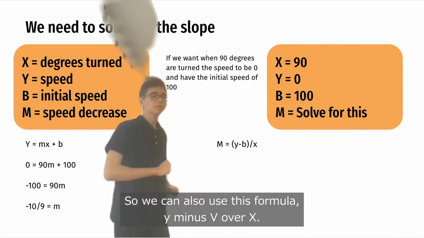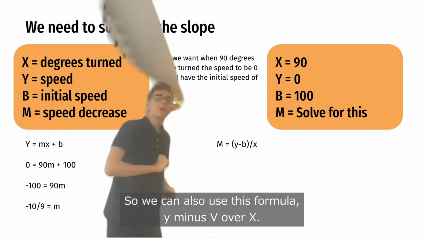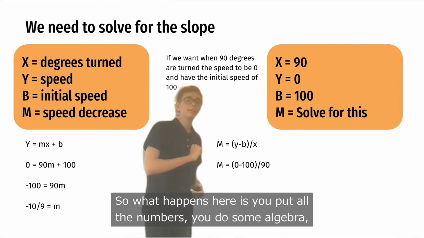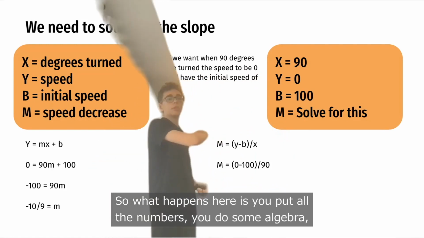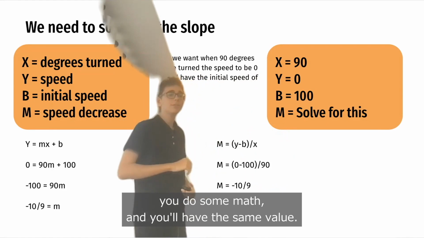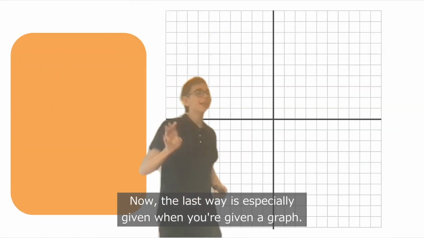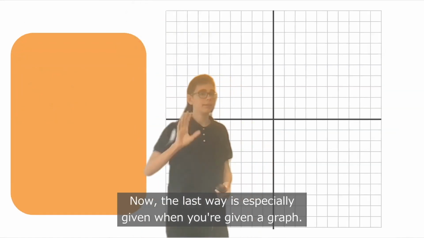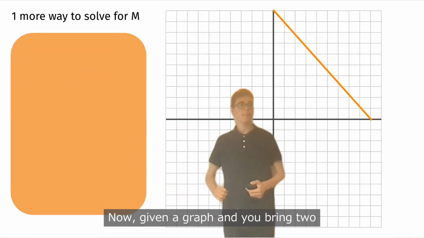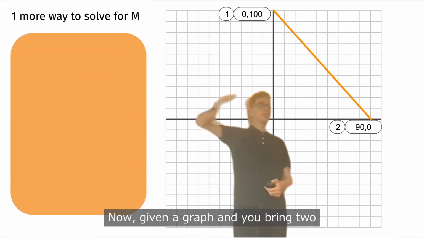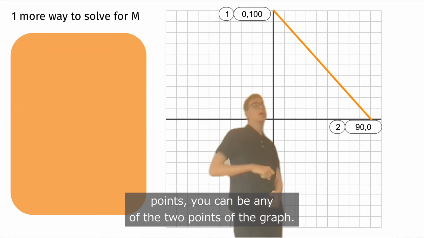So we can also use this formula, y minus b over x. So what happens here is you put all the numbers, you do some algebra, you do some math, and you'll have the same value. Now the last way is especially useful when you're given a graph. Now, given a graph, we bring 2 points. It can be any of the 2 points of the graph.